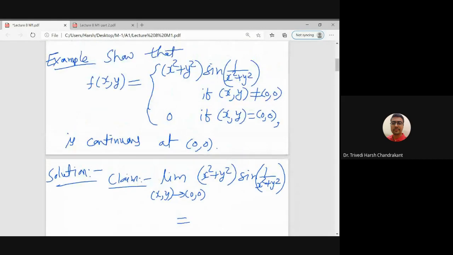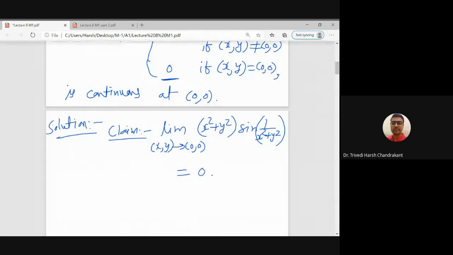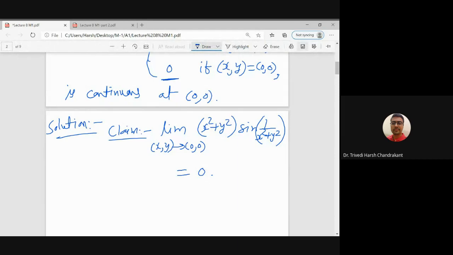The value of the function at the origin is given to be 0. So that is what we need to check, that this limit equals 0. So this is our claim.